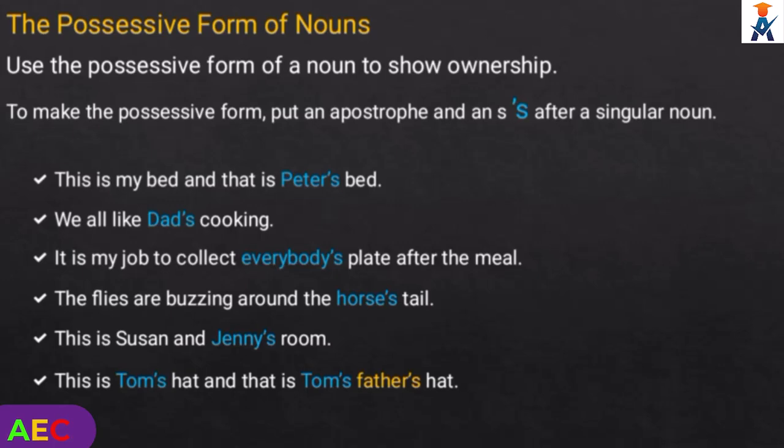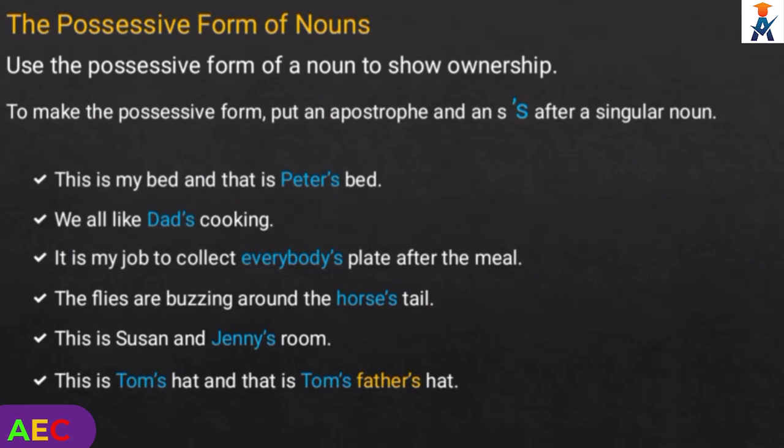This is Susan and John's room. You see, the room belongs to Susan and John. That means they share a common room here. If they had different rooms, we would use Susan's and John's. But here, Susan and John are sharing the same single room.